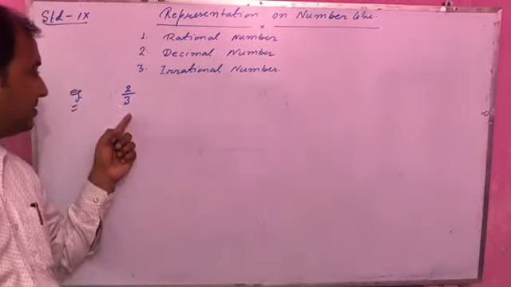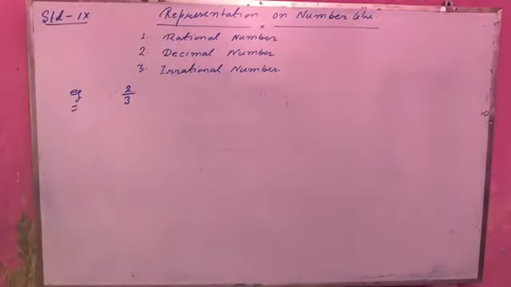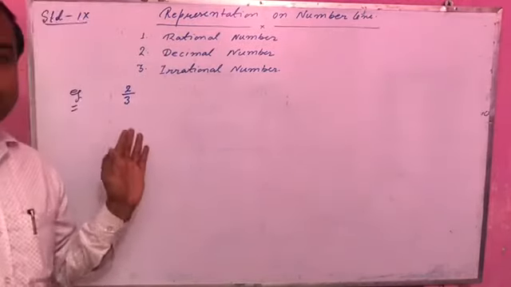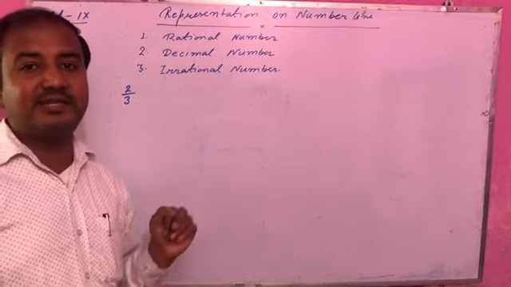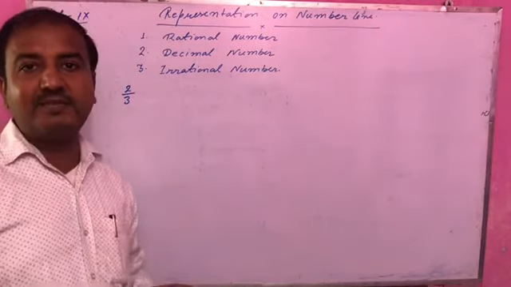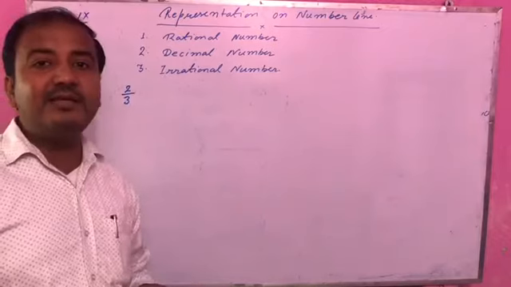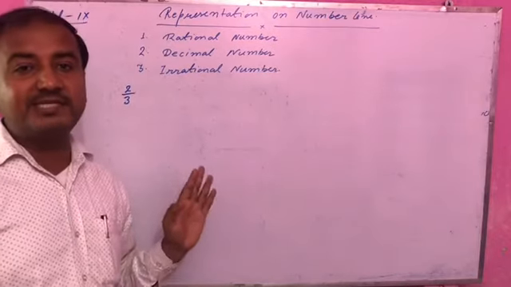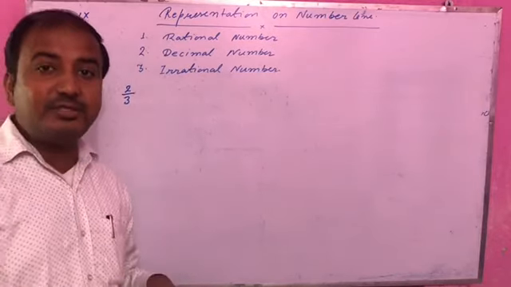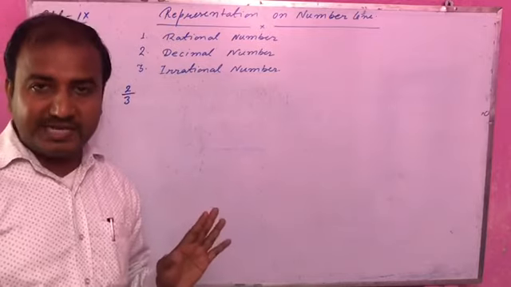So just you can see, this is a positive rational. Positive rational means it is more than 0, means it will lie right to the 0 on the number line. Any doubt?